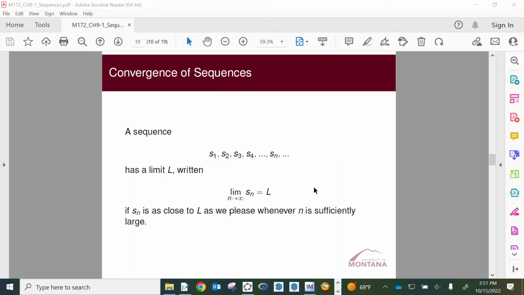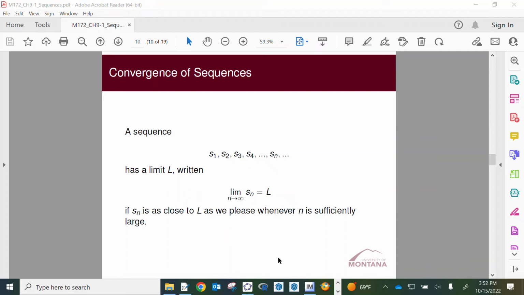We just say that a sequence has a limit L, and we write that as the limit as n goes to infinity of S sub n equals L. So remember, that's just giving you the value of S sub n at a large value of n, as large as we want. But we say it has a limit, we write it this way, if, and here's the big qualifier, if S sub n is as close to L as we please whenever n is sufficiently large.